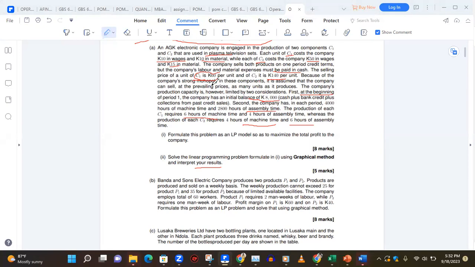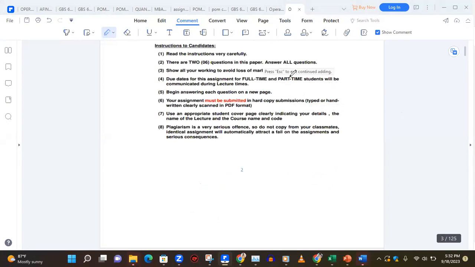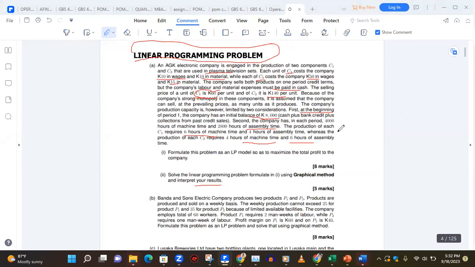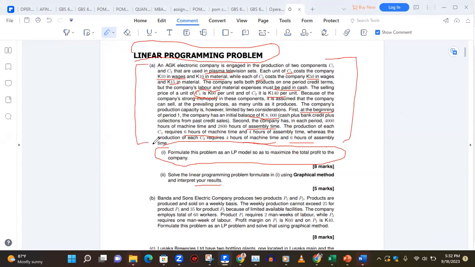All right, so this is what is going on here. For the formulation of the LP for the first one, for the 8 marks, we have gotten it from the information from here. So the information from here is where we have gotten the formulation of the linear programming.